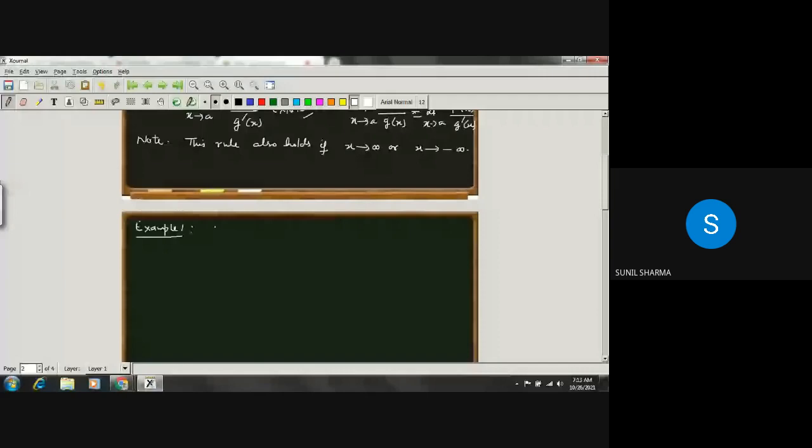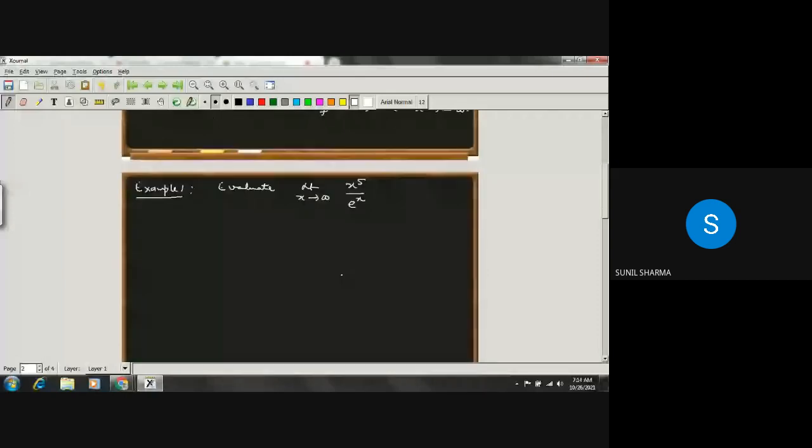Evaluate limit x goes to 1 negative, log of 1 minus x square divided by... Even, we first discuss a simple example, limit x goes to infinity, x to the power 5 upon e to the power x. We first take the simple example.